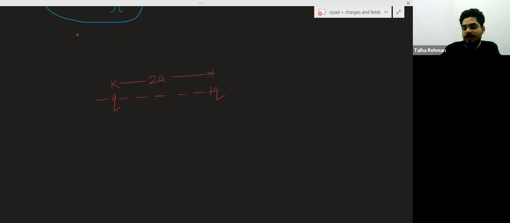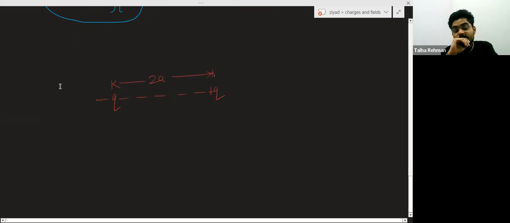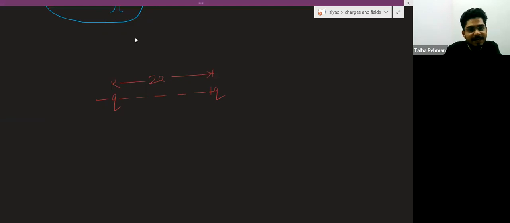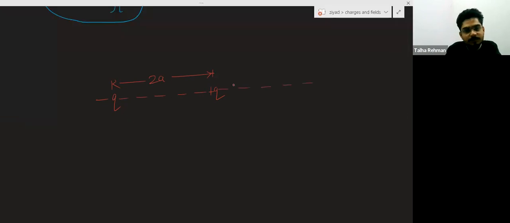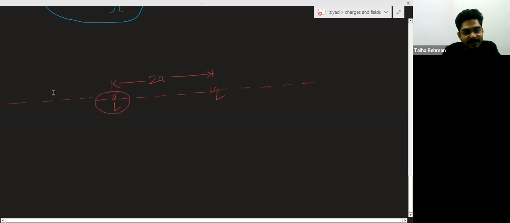Fine. Now what is the axial line? The axial line is this line. You can extend the line of the dipole. This is the line of the dipole, you can extend this. So basically this is the axial line.